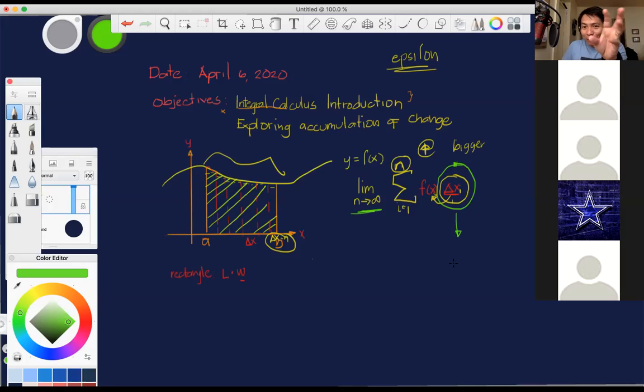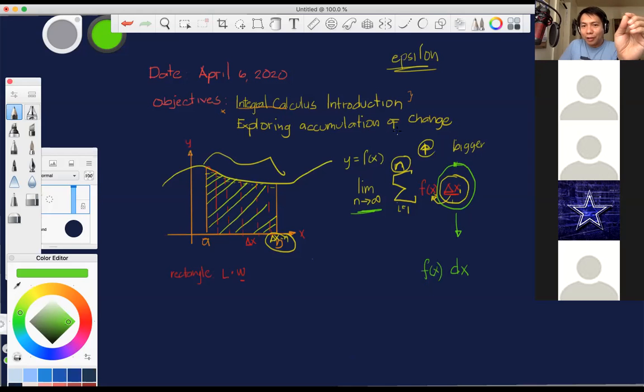This is now where we try to connect integral calculus to our differential calculus. So this delta x will now change into a dx. Your f of x would still be the same, so we're just going to have it as f of x.